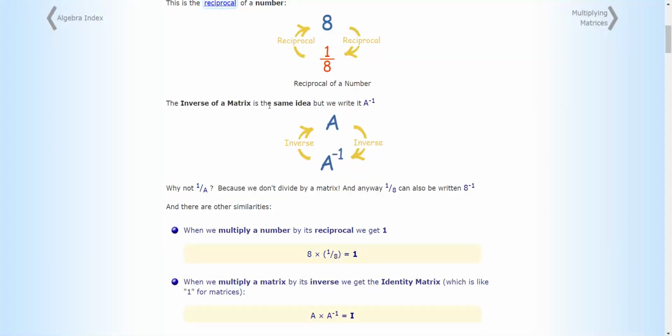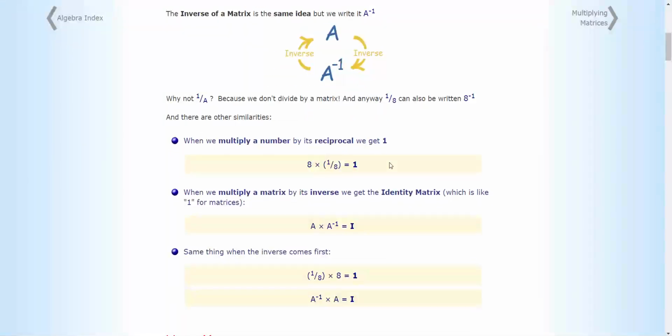The inverse of a matrix is the same idea, but we write it as A to the power of -1. Why not 1/A? Because we don't divide by a matrix. When we multiply a matrix by its inverse, we get the identity matrix.